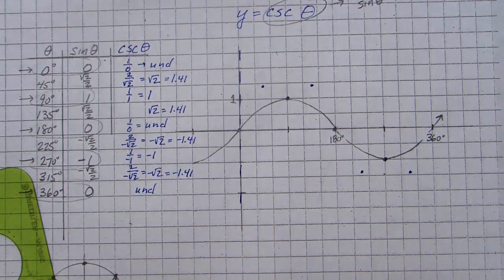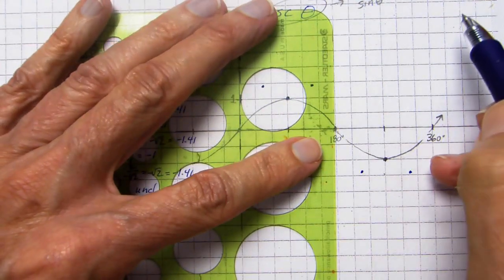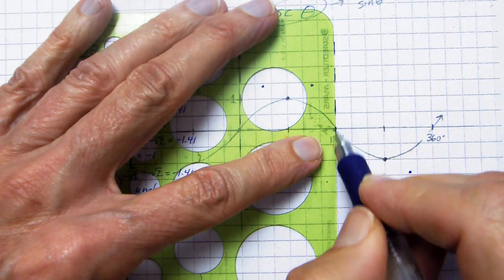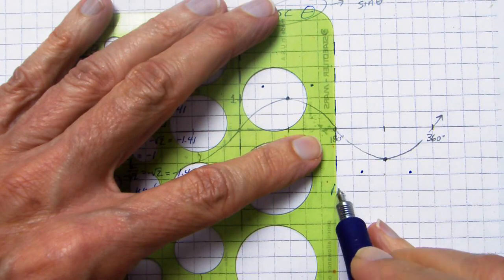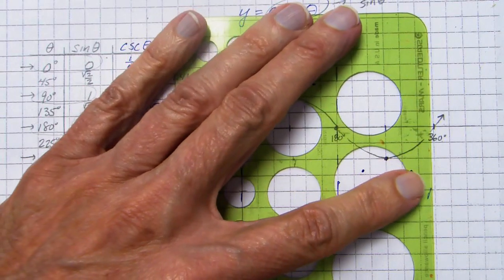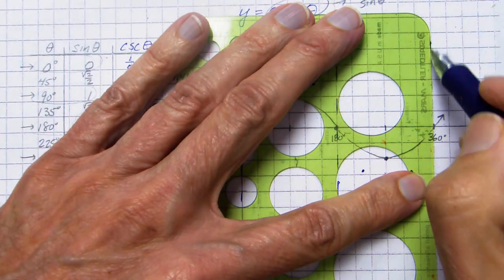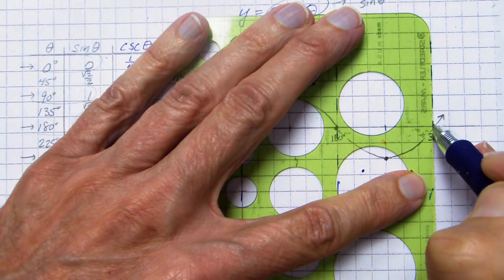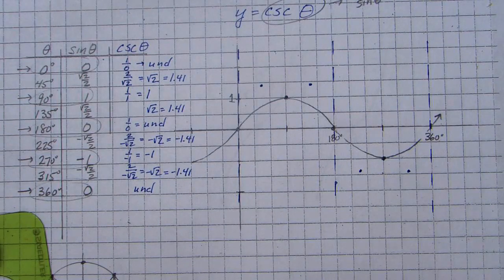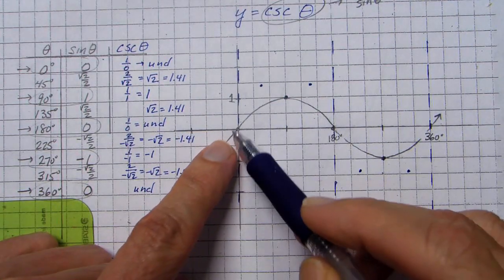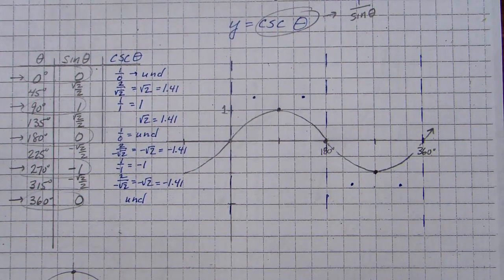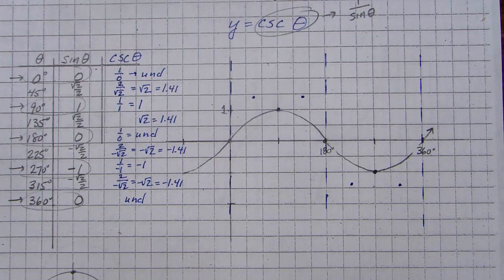At 180, things were undefined, so I'll put an asymptote there. And then also at 360, I have an asymptote, and I'll put that asymptote right at 360. So in essence, wherever the sine ratio is 0, the cosecant ratio is going to be undefined. There's going to be an asymptote in the graph.